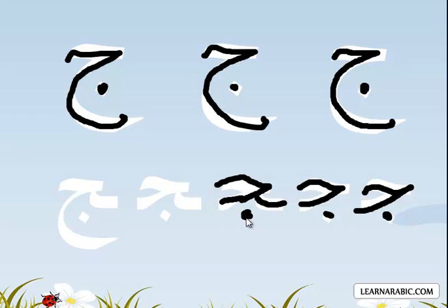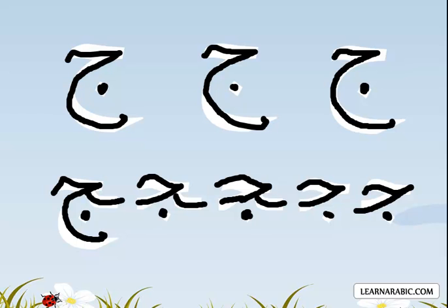And notice that it loses the main part of its body here. It retains the dot but loses the main part of the body, and so this symbol at the top and the dot are the characteristic feature of the letter Jim. So again like this, and then at the end of a word we see it take its original form.